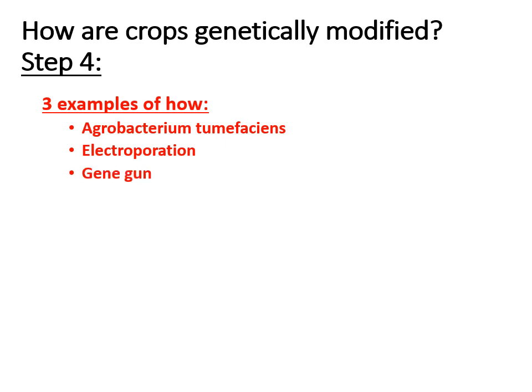The third one that I want you to know is the gene gun, and this is my personal favorite because basically what this does is it shoots gold particles coated with the engineered DNA into plant cells. And it's my favorite one because I picture the original scientist who had to think of, hey, I need DNA into a plant cell. What can I do? And his solution was shoot it with a gun.